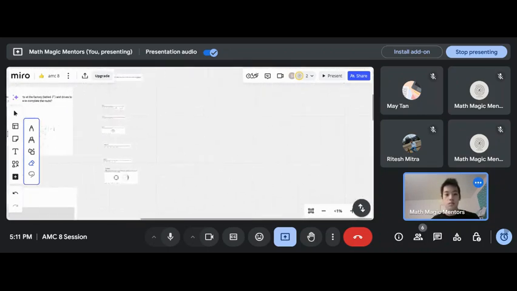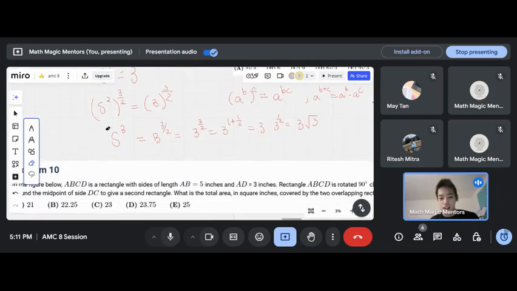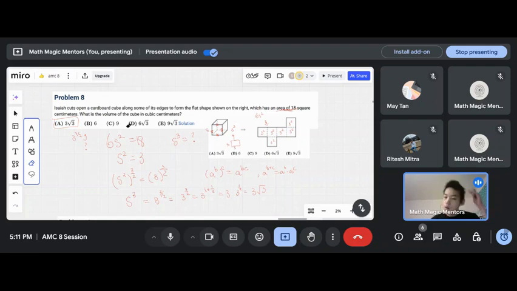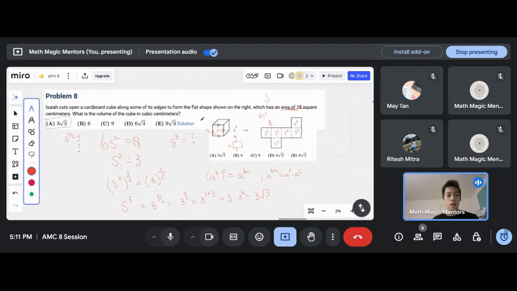Okay, so rereading, it says opens a cardboard cube along any of the edges to a flat shape shown on the right. I don't think we're missing anything. Sometimes they have something really tricky. Sometimes they say, oh, it's half of the area is like 18 or something like that. So that's why it's a good idea to always read the problem twice. So the area of 18. What is the volume of the cube?